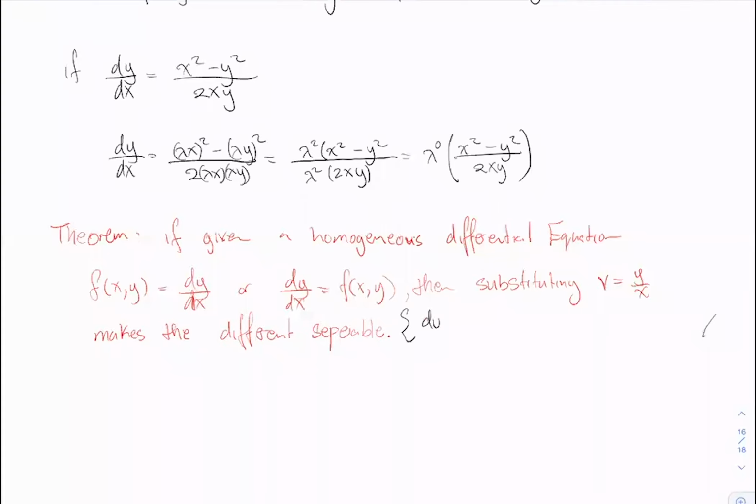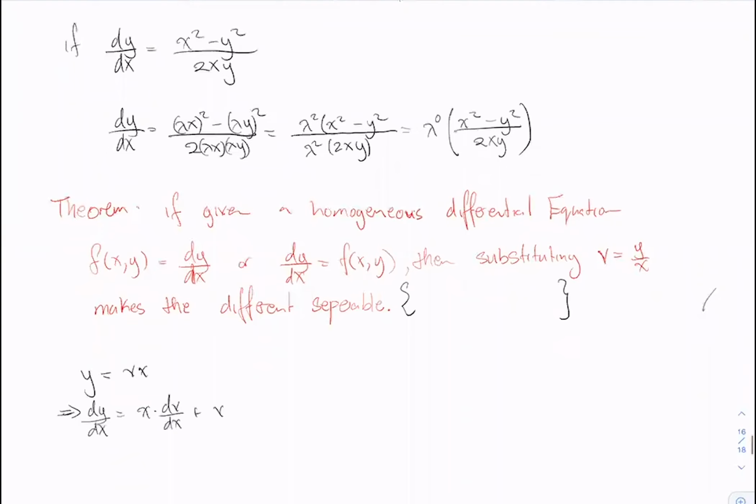2 substitutions. So dy dx is equal to v plus, well, let's actually derive this. So we have to substitute for both v and we have to substitute for dy dx. Okay? So let's actually derive this part. So y is equal to vx implies that dy dx is equal to the first times derivative of the second plus the second times the derivative of the first.